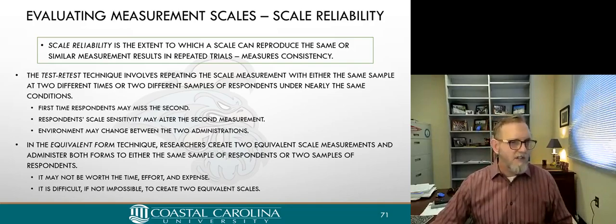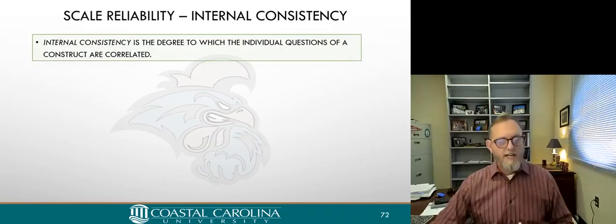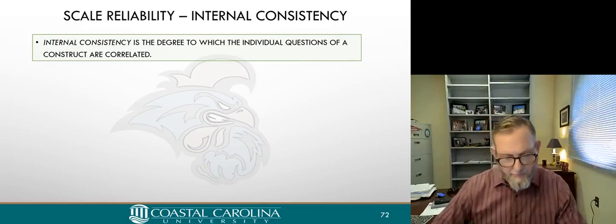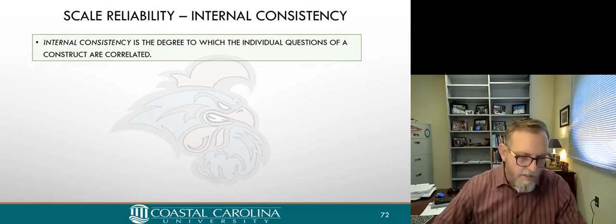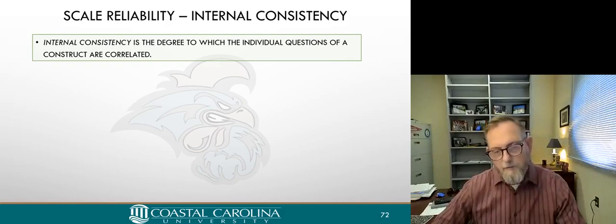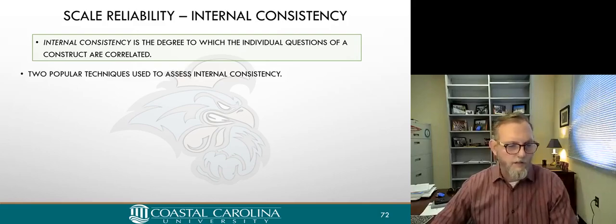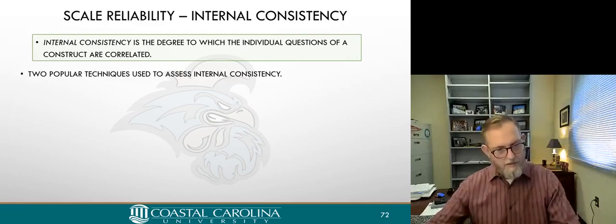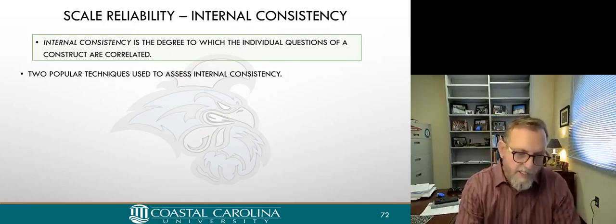So similar to this, we have a concept called internal consistency. And I want you to go back and think about the idea of a scale construct. When we have multiple items that measure a latent variable, or something that we don't see directly, a construct. And what we want to do is know if there's something called internal consistency among those questions.